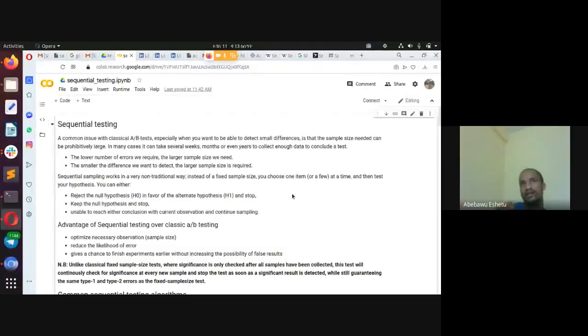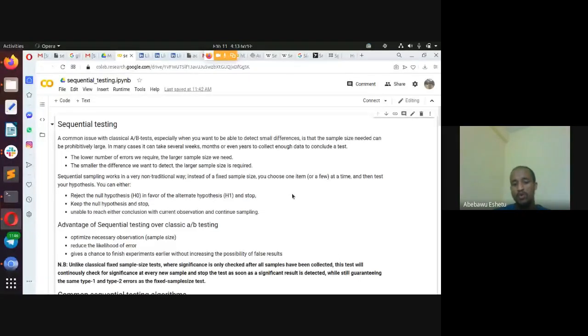So with this, we get at least three advantages. One is that sequential testing allows us to get an early decision, so that we don't wait for the large size data.